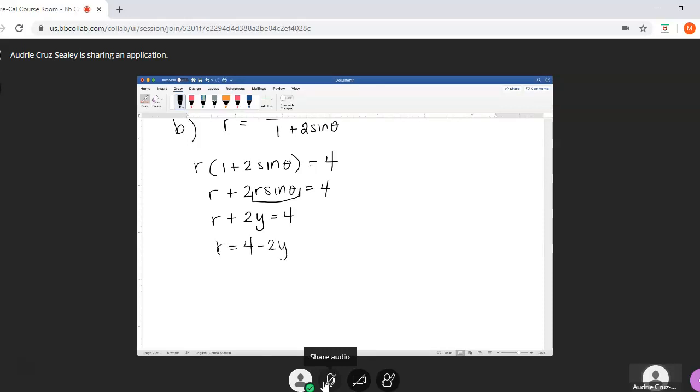And then I squared both sides. So I took this side and squared it, and I took this side and squared it. When you square it, you get r squared equals, what do you get? 16 minus 4y plus 4y squared.